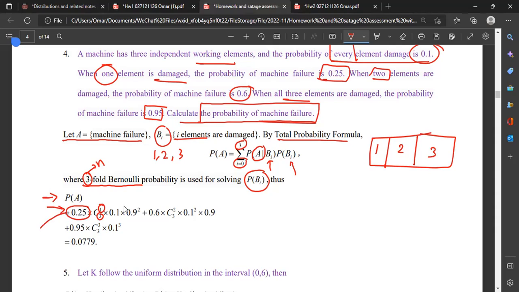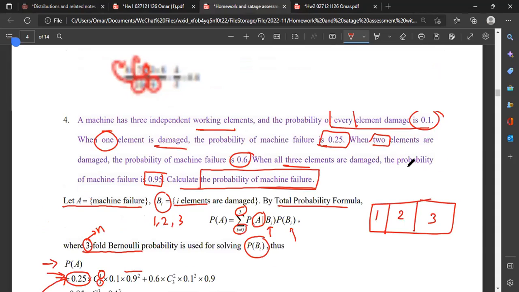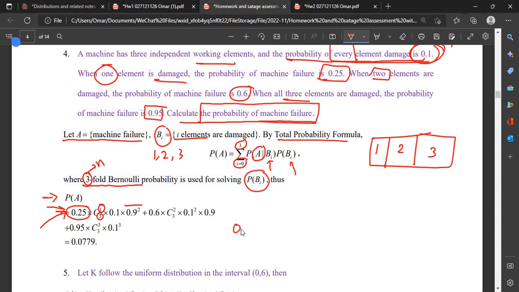So we multiply them, and then times the remaining. As you see, we already know the probability of every element damage is 0.1, right? So if we have the first element damaged, we write down 1 minus 0.1, okay? So we get 0.9.